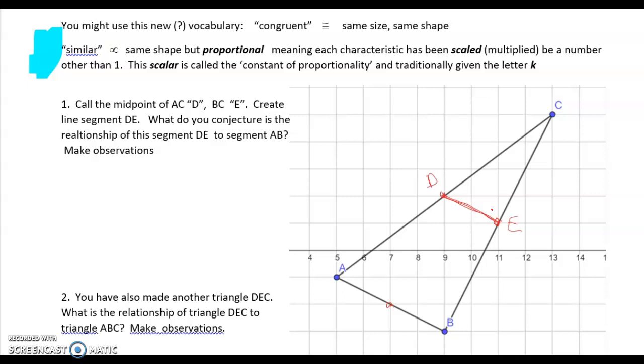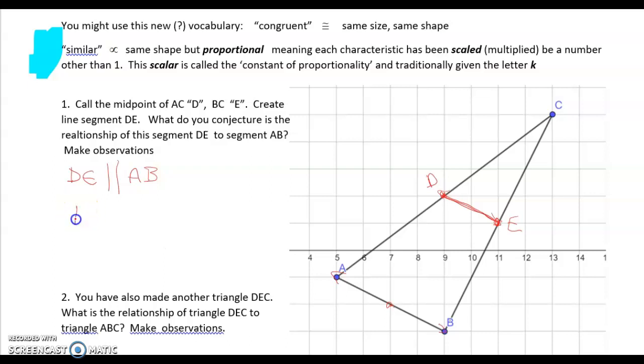So what are some observations you might make? Well, the one observation I see right away is that DE is parallel to AB. And that's just some notation, not a big deal.